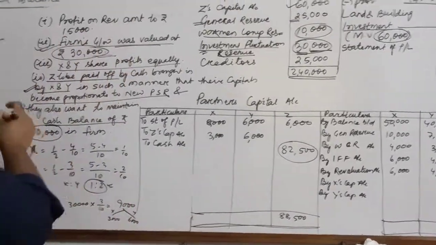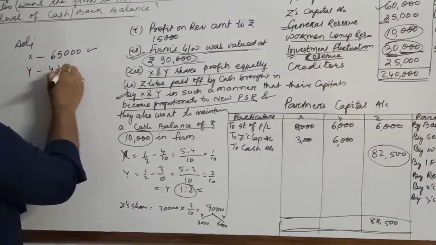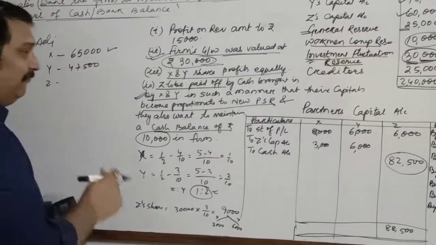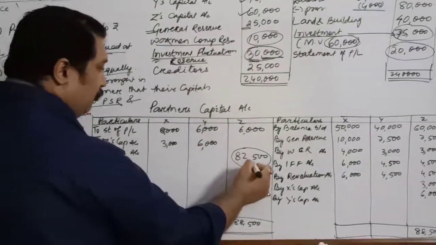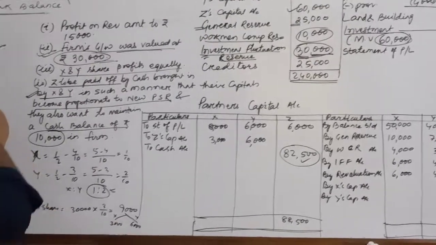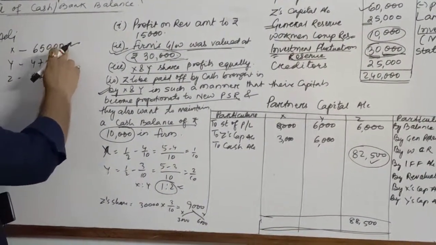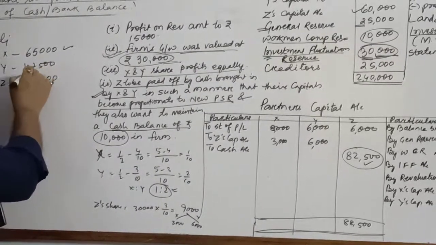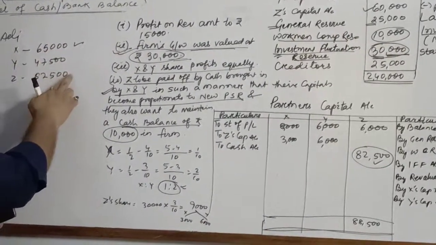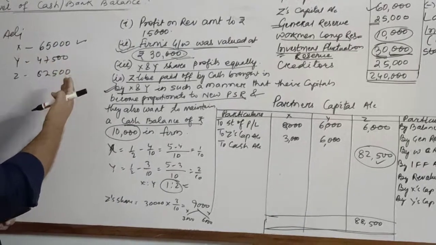So it will be 47,500 for Y, and we have already calculated how much amount to be paid to Z is 82,500. We are adding this along with X and Y because this amount will be also brought in by X and Y. So that will also become part of their capital.